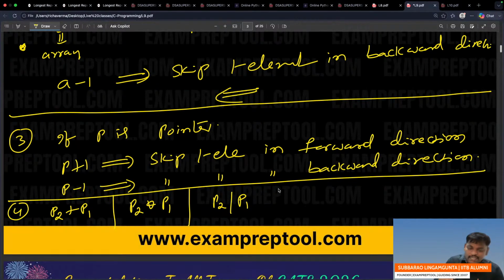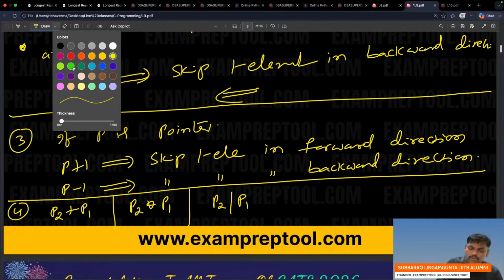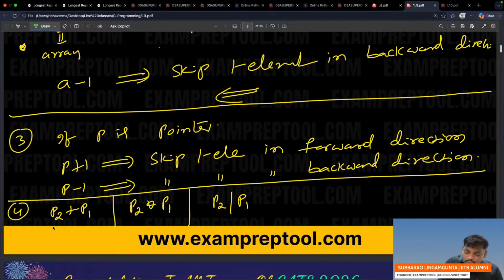If you do P2 plus P1, P2 into P1, P2 divided by P1, let us assume P2 is 2040 and P1 is 2000, both pointing to the same array.